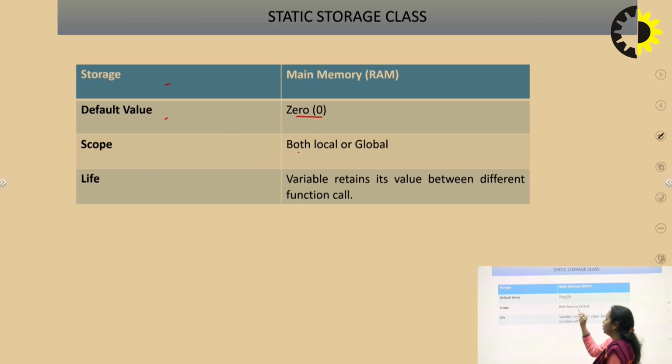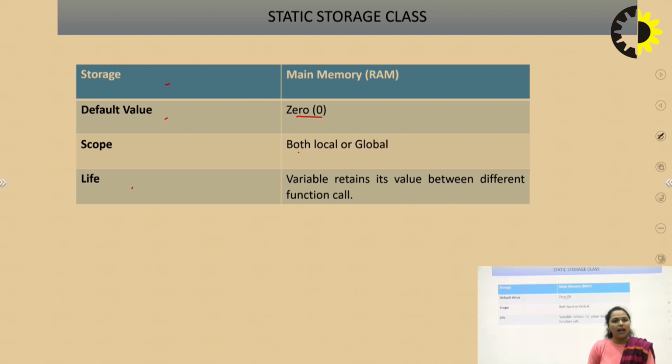Scope is both local and global, means we can access this particular variable locally as well as globally. In further slides, we will discuss what is local and global. Last is the life. The variable retains its value between different function calls. Just as we have seen in the previous example, the value of i is not incrementing.